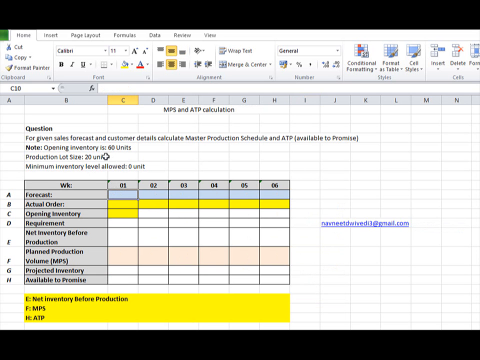Here again it's given that 60 is the opening quantity and lot size is 20. So I'll type down a problem for you. Forecast and actual order quantity. Forecast we have 22.